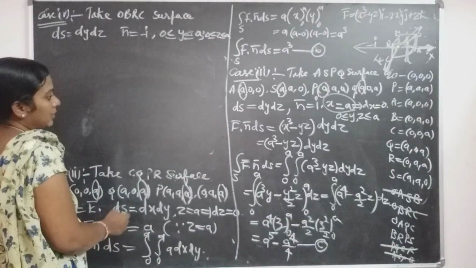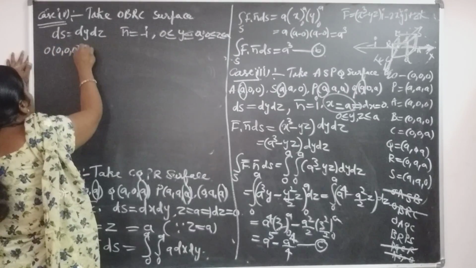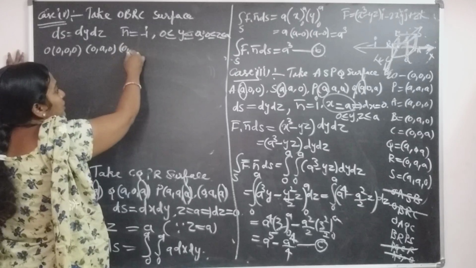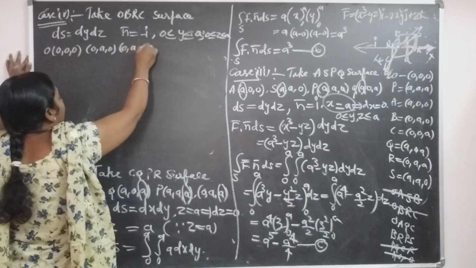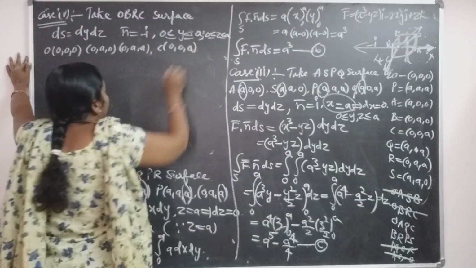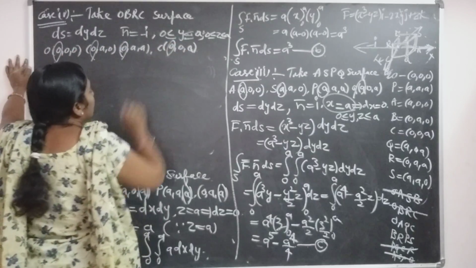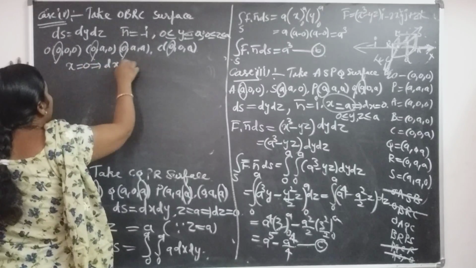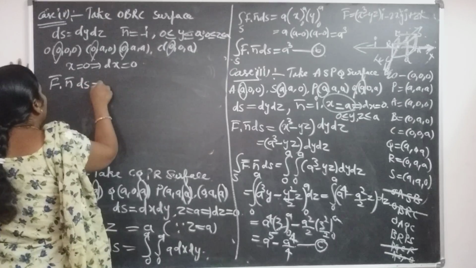Here O means (0,0,0), B is (0,a,0), R is (0,a,a), C is (0,0,a). Here in the x values all are 0, so x equal to 0, and dx equal to 0.